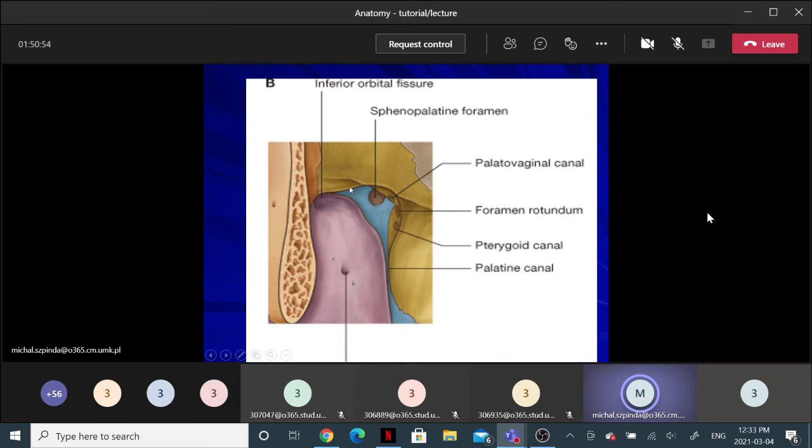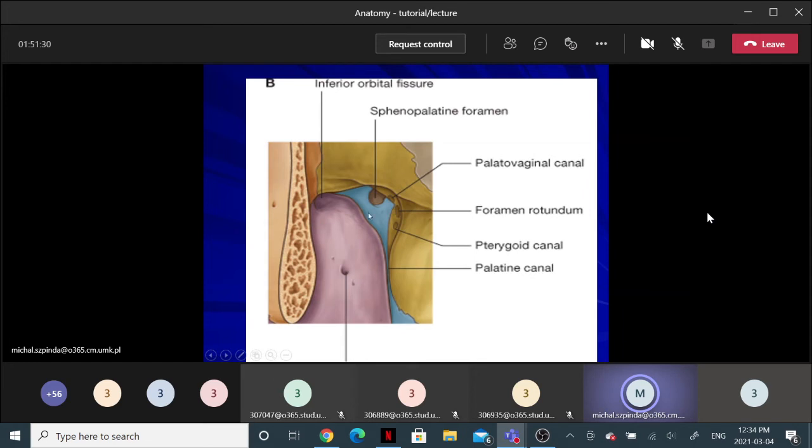And the superior wall of the pterygopalatine fossa is composed of the inferior surface of sphenoid's body that's applied to the sphenopalatine notch, thus converting it to the sphenopalatine foramen.